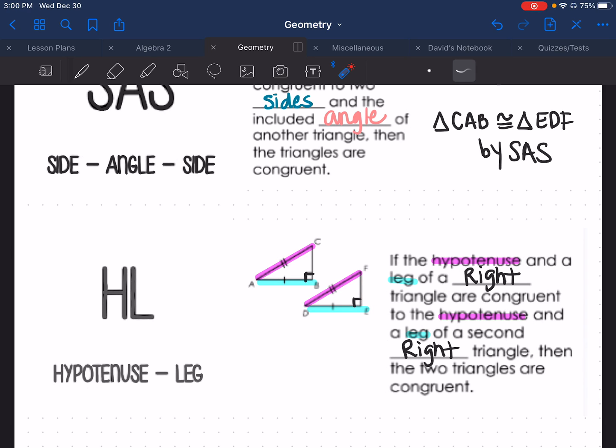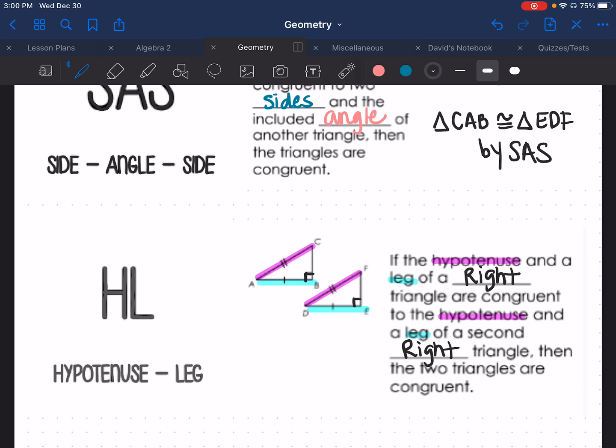So they need to be the same corresponding leg. That's the only trick. So I could try to trick you with saying instead of this leg, make it this one. That is not HL. But this is HL. If you were to look at it, it would look like something that is incorrect, and I'll come back to that in the next video.